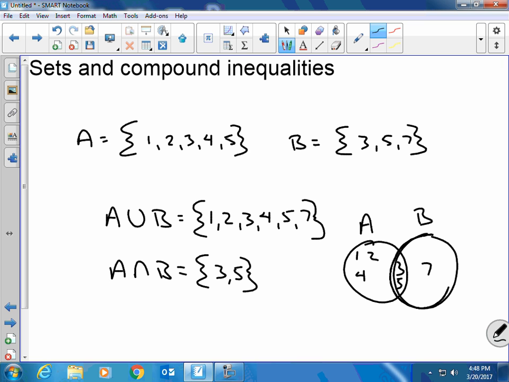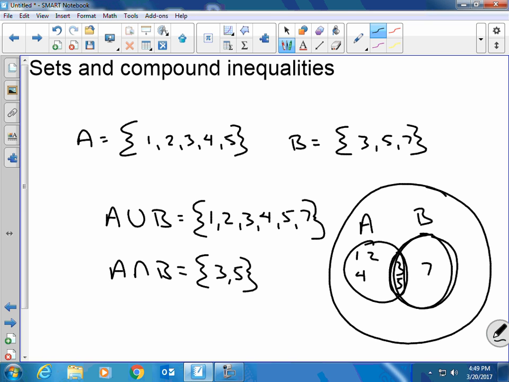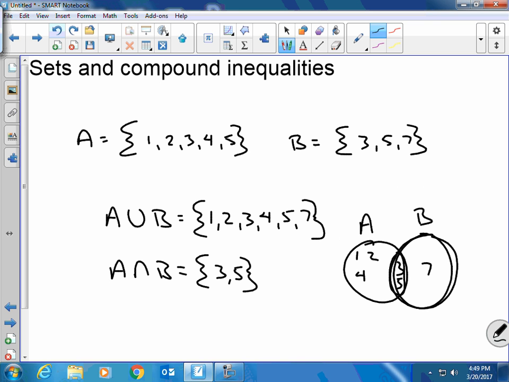But notice the 3 and the 5 are contained in both A and B. Notice this whole system is the union of A and B. That whole set put together is the numbers 1, 2, 3, 4, 5, 7. Venn diagrams are nice ways of looking at and describing sets.